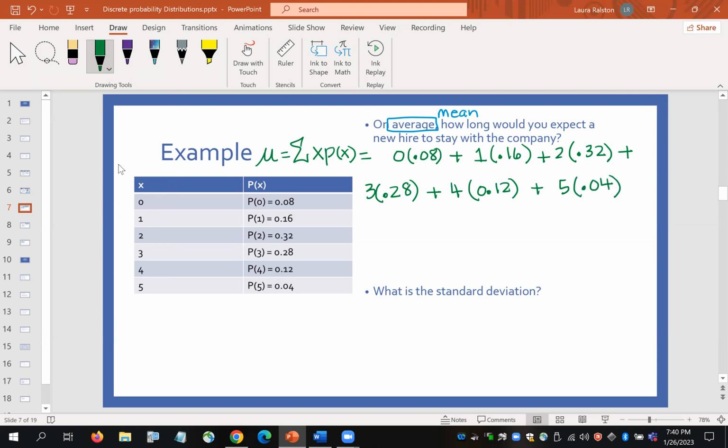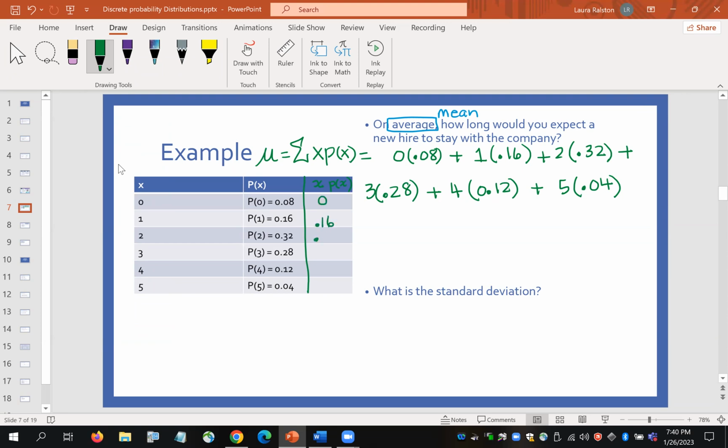You take each X and multiply it times its probability. It might even be helpful if you make yourself a table and make yourself a column of each X times its probability.